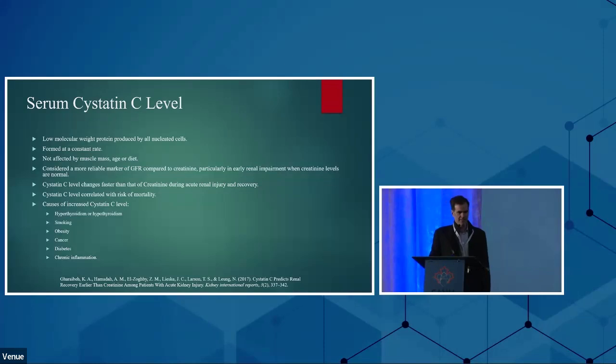And the main advantage is that it is correlated with the risk of mortality, so it has a strong prognostic implication. But again, it's not perfect. There are non-renal related causes of elevated cystatin C level, namely thyroid disease, smoking, obesity, cancer, diabetes, and chronic inflammation.